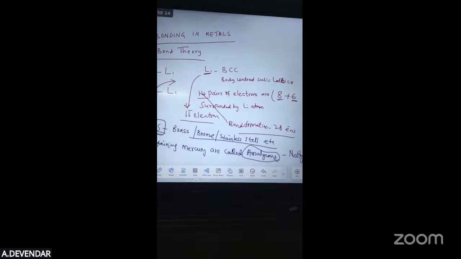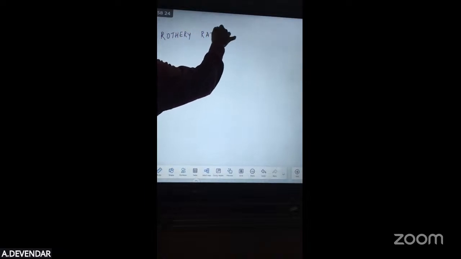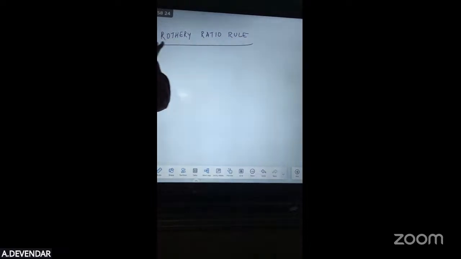In this, the main important topic is the Hume-Rothery ratio rule. It is a very important, repeated question. The Hume-Rothery ratio rule involves the ratios 3:2, 21:13 and also 7:4.